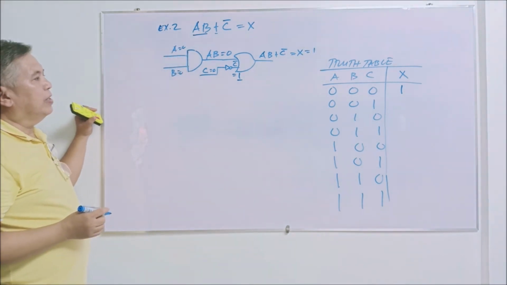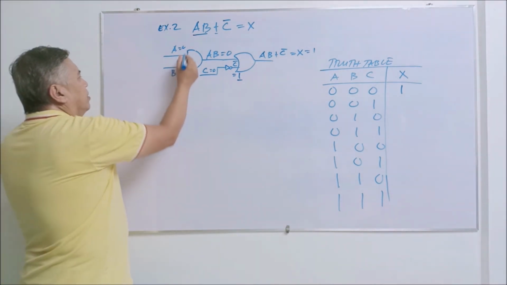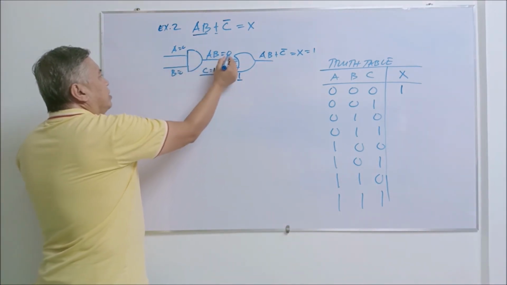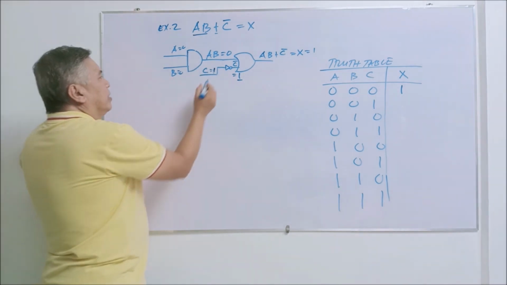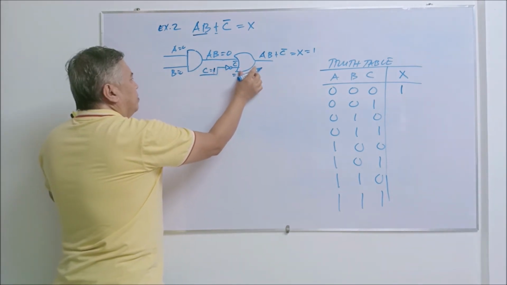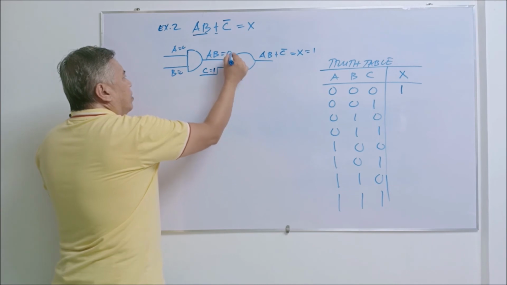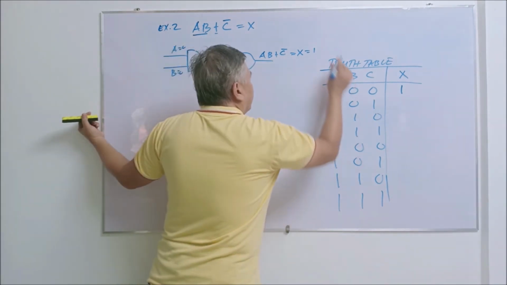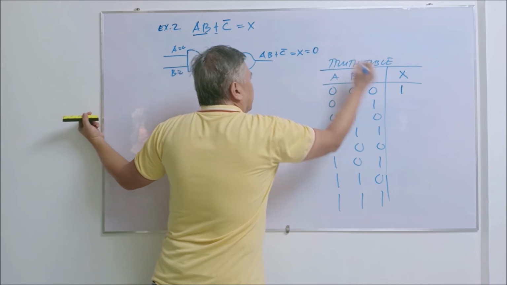For 0, 0, 1: again, this is 0 for the AND gate. Then 1 here, invert, this becomes 0. All inputs of your OR gate are 0. So therefore, X is 0.